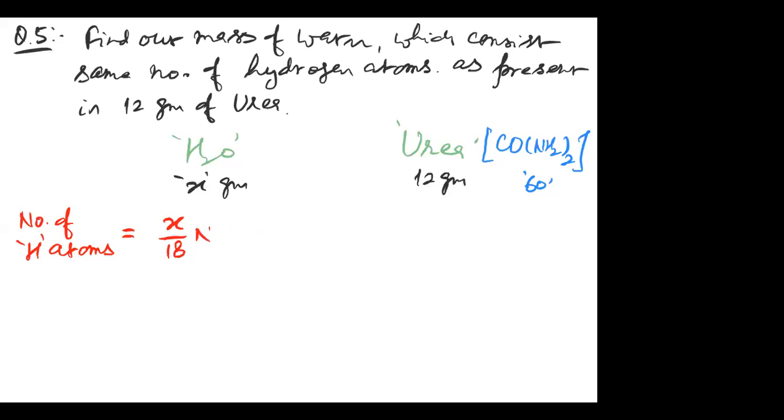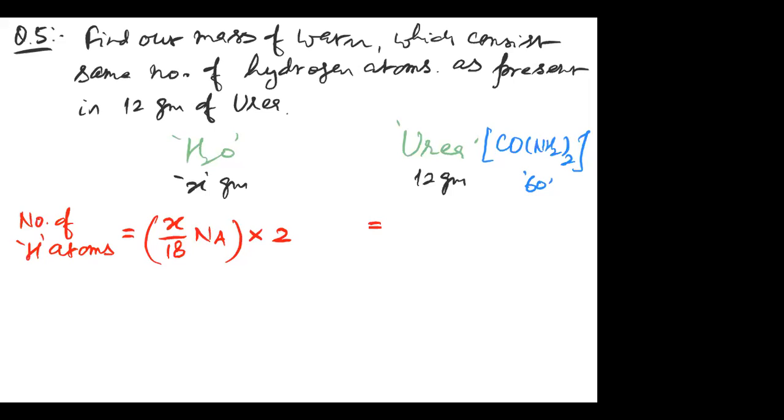Multiplied by Na, it gives the number of molecules, and the number of molecules multiplied by 2 gives the number of hydrogen atoms.